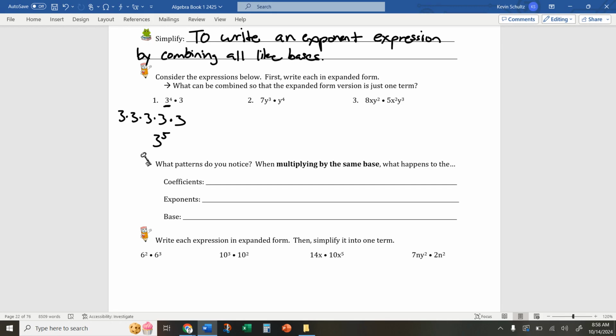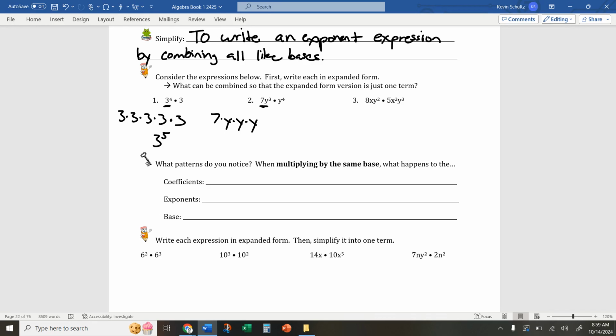We'll come back to that in a little bit. The next one. 7y cubed times y to the 4th. If we rewrite this in expanded form, there's 1 7, and then times y, times y, times y. Right? 7y cubed.